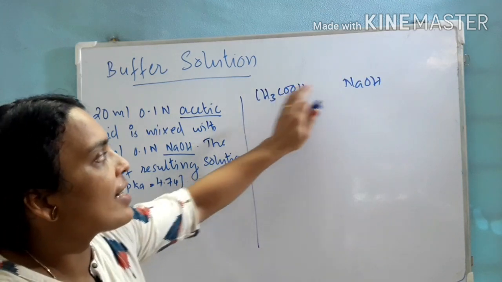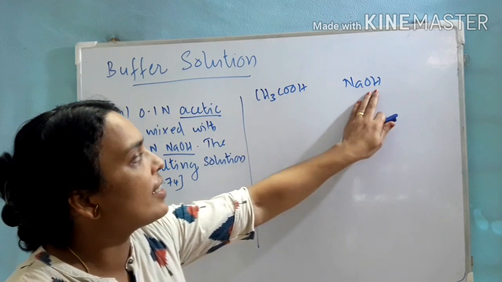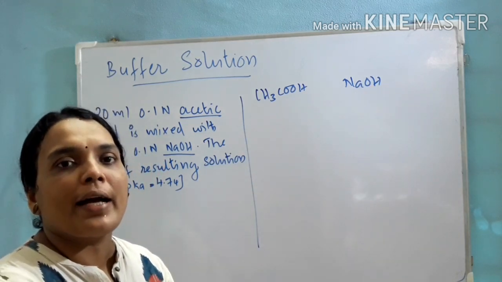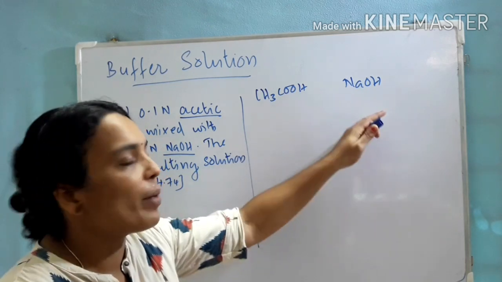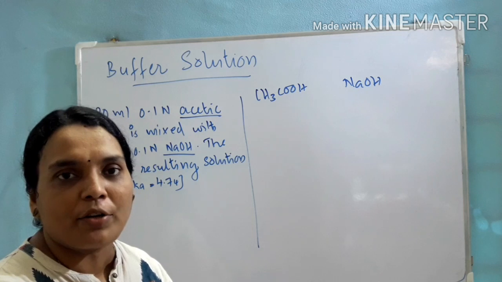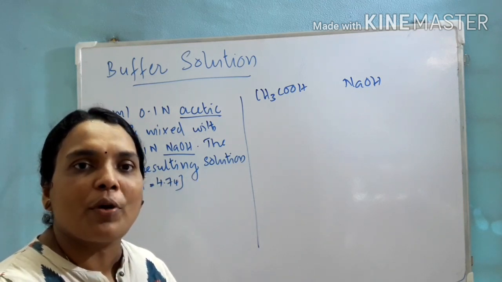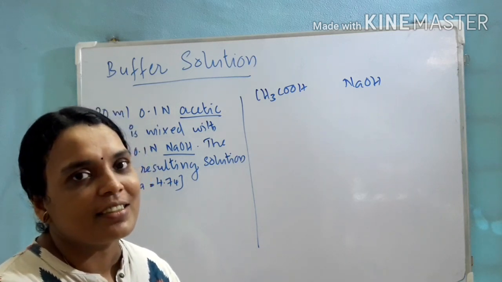It is a weak acid and a strong base. So when you are combining, in solution it can form a salt as well as undergo hydrolysis. So we can calculate pH according to the hydrolysis equation or as a buffer solution. There is a confusion, isn't it?